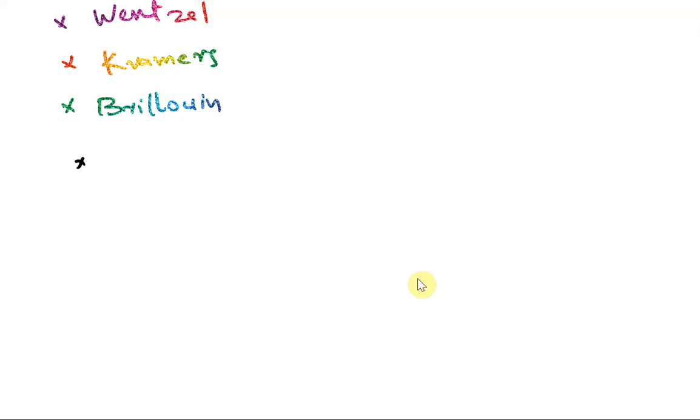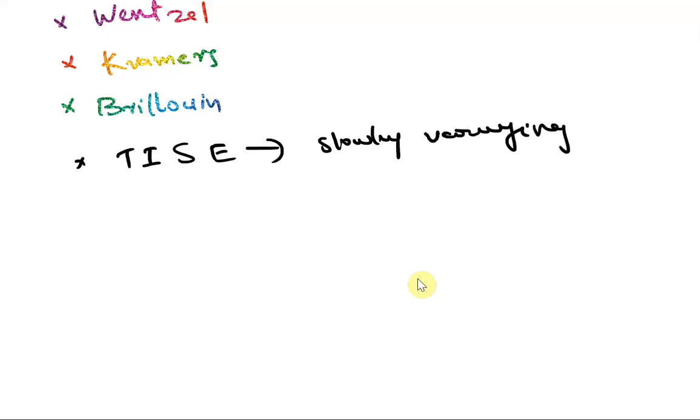So it is useful for solving the time independent Schrodinger equation for a slowly varying potential. That is the place we are going to use WKB approximations.